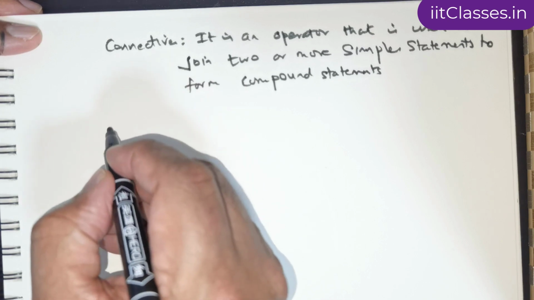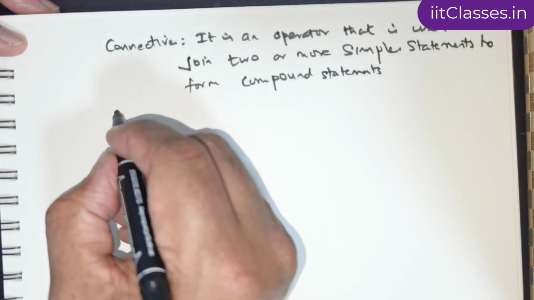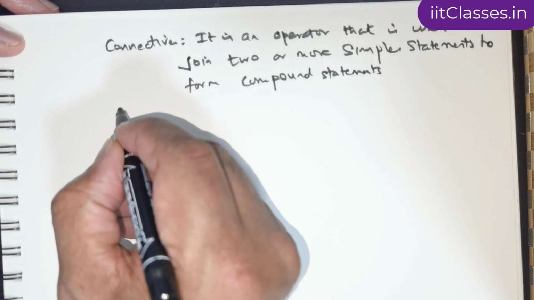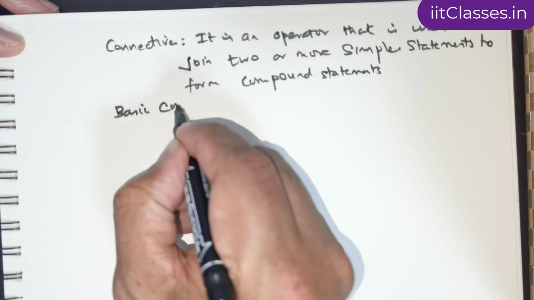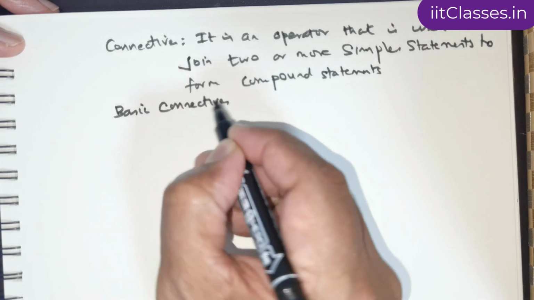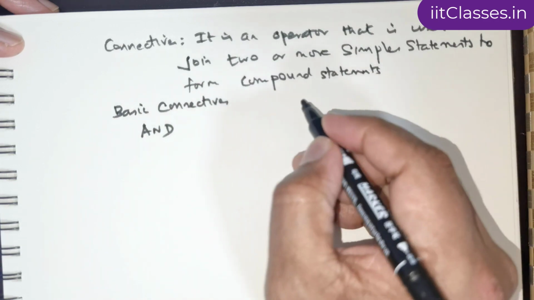Some of the connectives included in your syllabus are as follows. These are the basic connectives that we will be using. The first one that you will have to know is the AND operator.